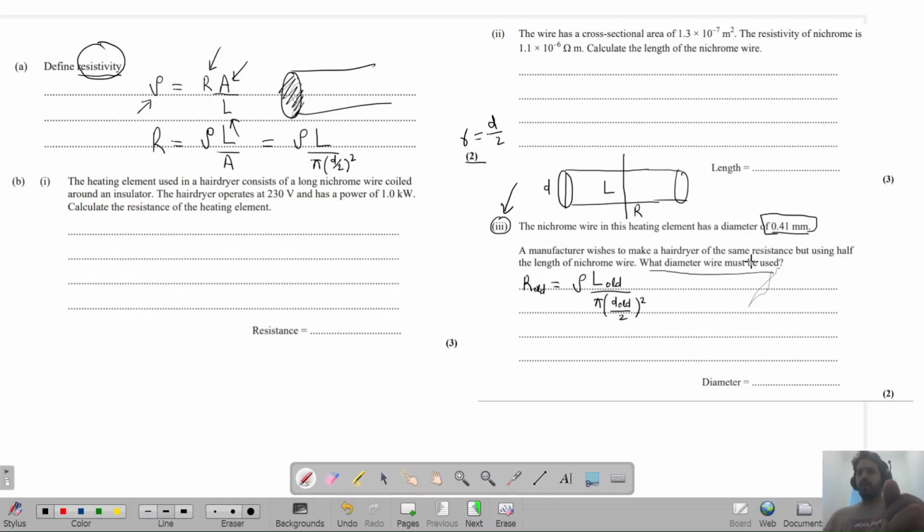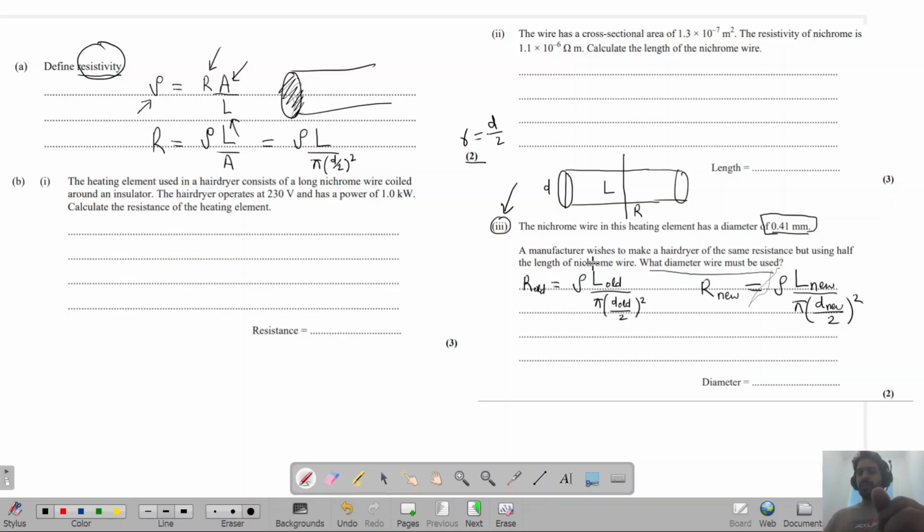Okay, now when we change the length of the wire, the diameter will also change in such a way that the resistance remains constant. So I can write that resistance new will be equal to rho, the new length L new divided by pi, and diameter will also change, so d new divided by 2 whole squared.